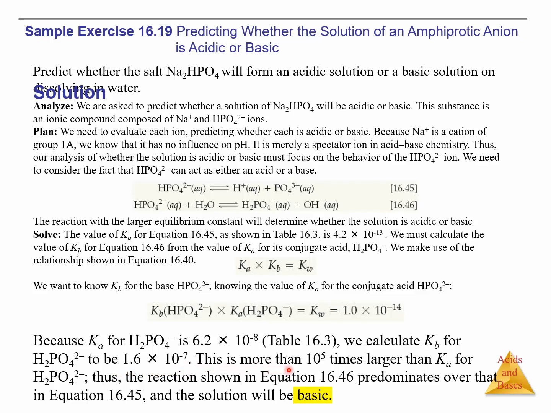Now this is more than 10 to the 5 times larger than Ka for HPO4 2-. Thus the reaction shown in equation 16.46 predominates over that in equation 16.45, and the solution will be basic. Thank you. End of part 3.